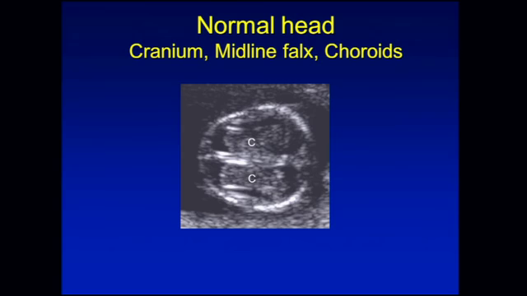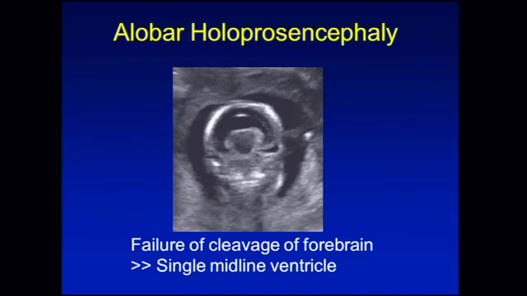Now this would allow us to exclude alobar holoprosencephaly. This is the most severe form of holoprosencephaly. The holoprosencephalon is the forebrain, and this condition results from failure of cleavage of the forebrain. So we see a single midline ventricle replacing the two lateral ventricles.